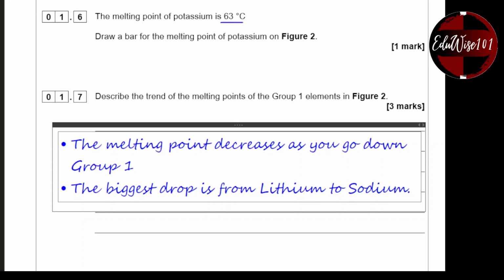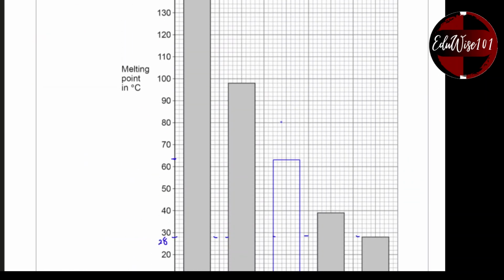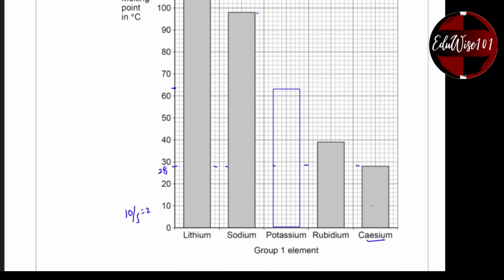So describe the trend. You will have to refer to the information. You can see it's gone from 180 to less than 100, and then it's decreasing steadily, but it's not a bigger drop as before.